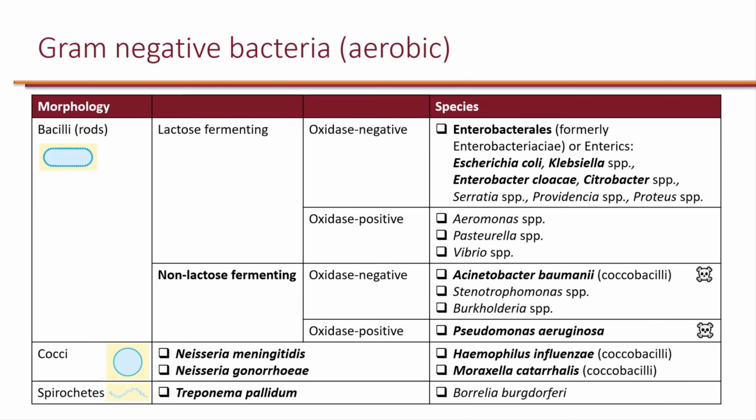Now let's take a look at gram-negative bacteria. Again, we're focusing on aerobic for now. So you will see that the majority of gram-negatives are actually rod-shaped. So these are bacilli. And what we do with gram-negatives is that we do a lactose fermenting test. So if they can ferment lactose, we call them, actually the important thing is to identify what's not fermenting lactose, and they're typically referred to as non-fermenters, okay?